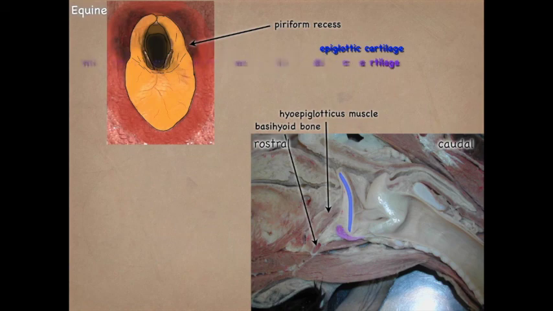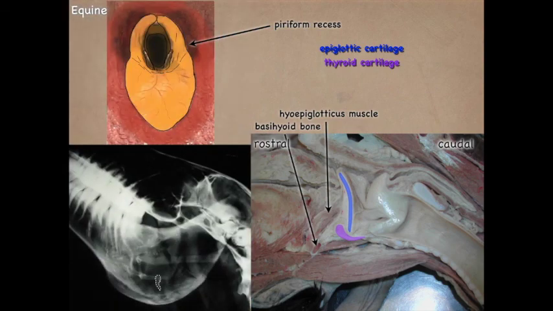Here's the thyroid cartilage. The thyroid cartilage has a very large ventral notch, the thyroid notch, caudally, so we don't see as far caudally that it goes back in this image here. Now, ossification of the thyroid cartilage is not uncommon in older animals, so that you can see it in a radiograph as we see here. So there's the thyroid notch.